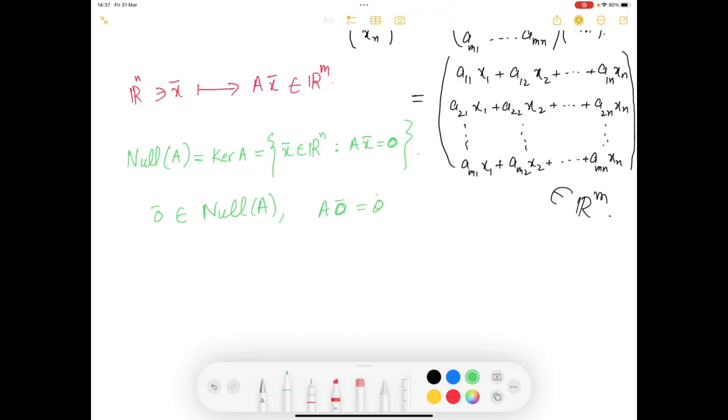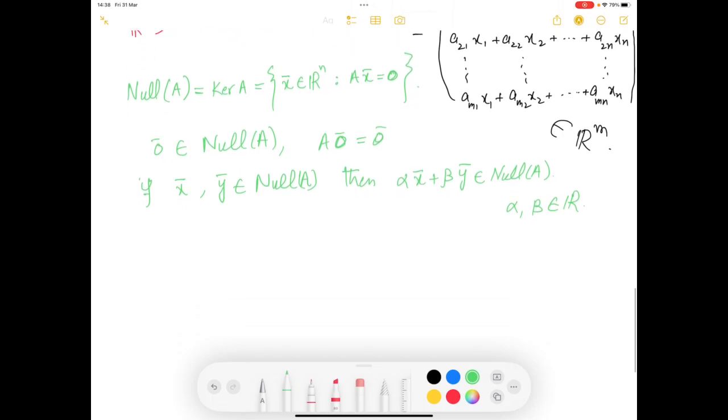So 0 is in the null space of A, and if a vector x and a vector y are in the null space of A, then alpha times vector x plus beta times vector y also belongs to the null space of A, where alpha and beta are any real numbers. What does this mean?